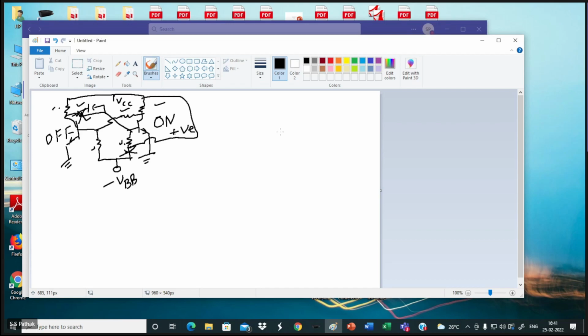I draw a better diagram now. Now you see the changes that I'm going to make. So this is my monostable, this is my RC. This is the emitter, going to the ground. Here I am putting a resistance. This was going to the base of this transistor.